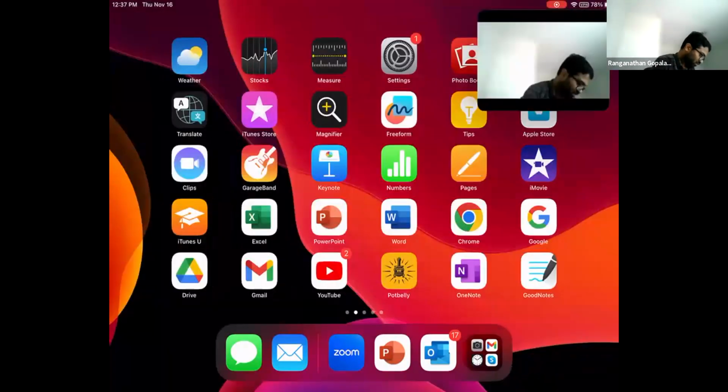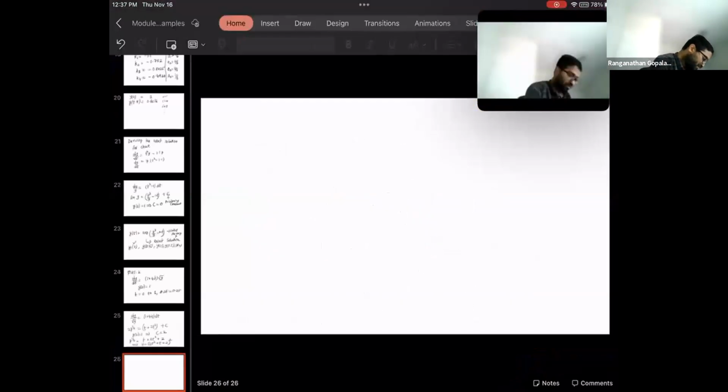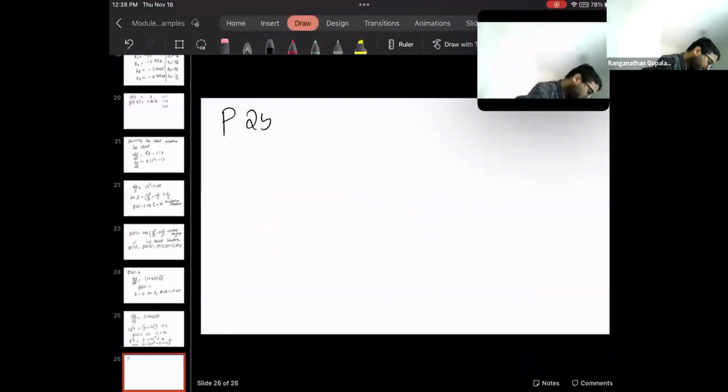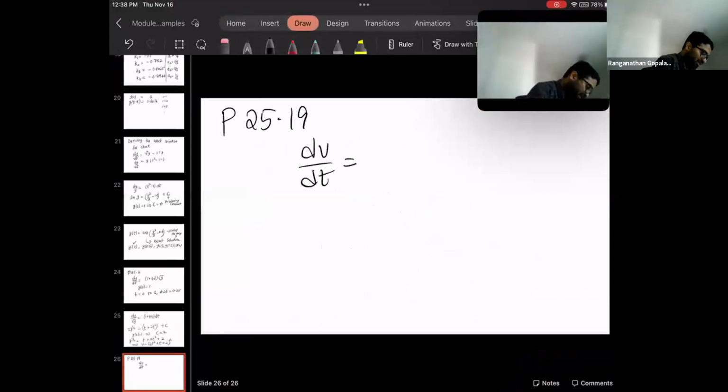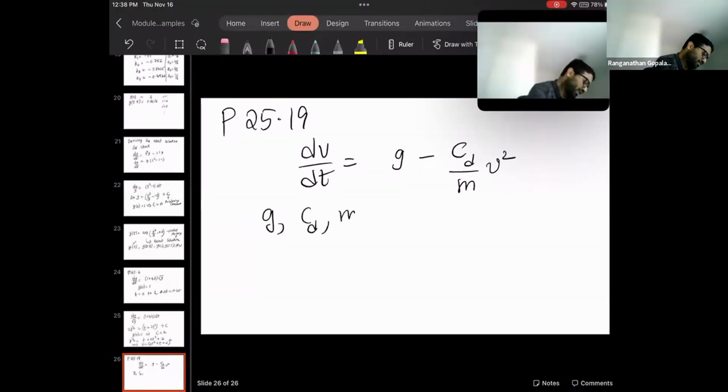All right. So problem 25.19: dv over dt is, not mg, it's g minus cd divided by m multiplied by v squared. Now g, cd, m are all given, so you don't have to worry about them.